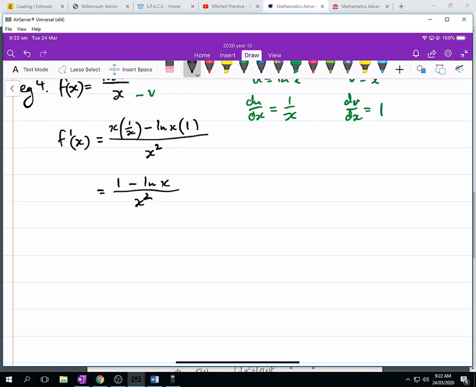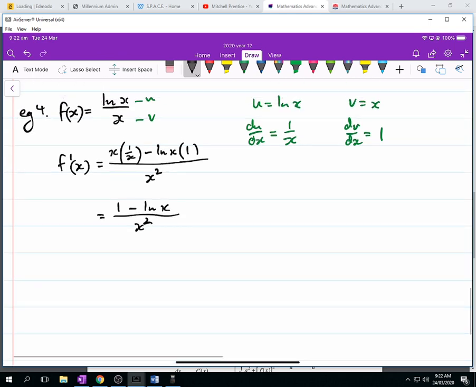So firstly, if we wanted to think about what the gradient at 0 is, it wouldn't work because we can't go over 0 here, and also our function is undefined when x is equal to 0. The domain does not include 0 for this.